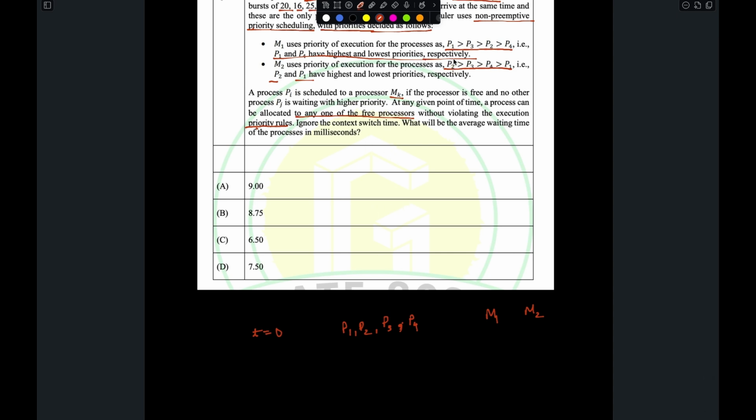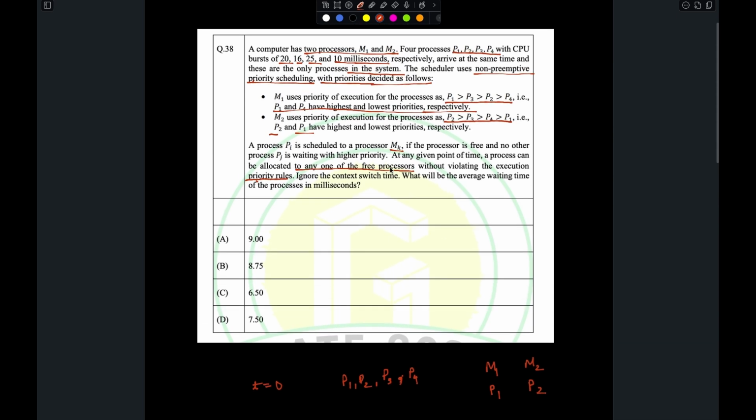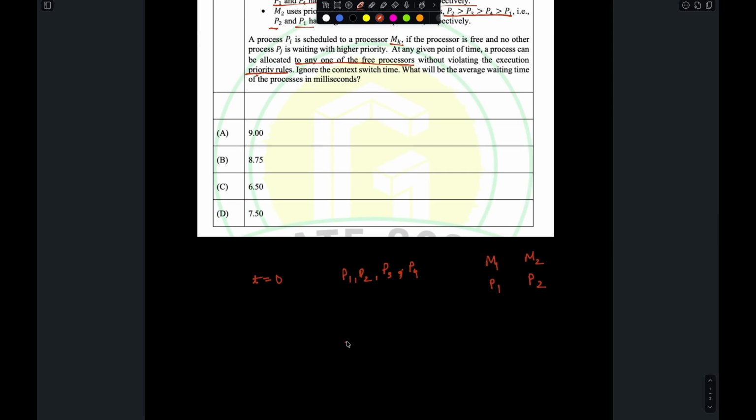Obviously at t equals 0, we would have P1 and P2 starting to run initially. So M1 will start running P1 while M2 will start running P2.